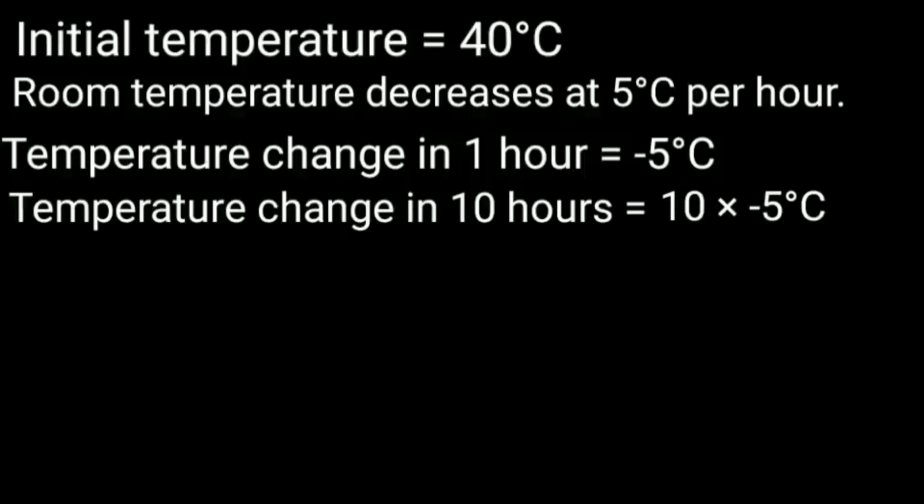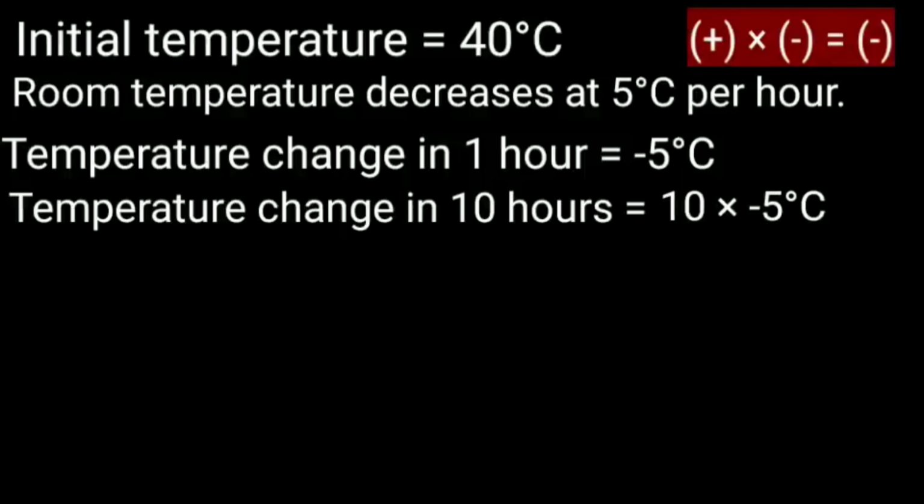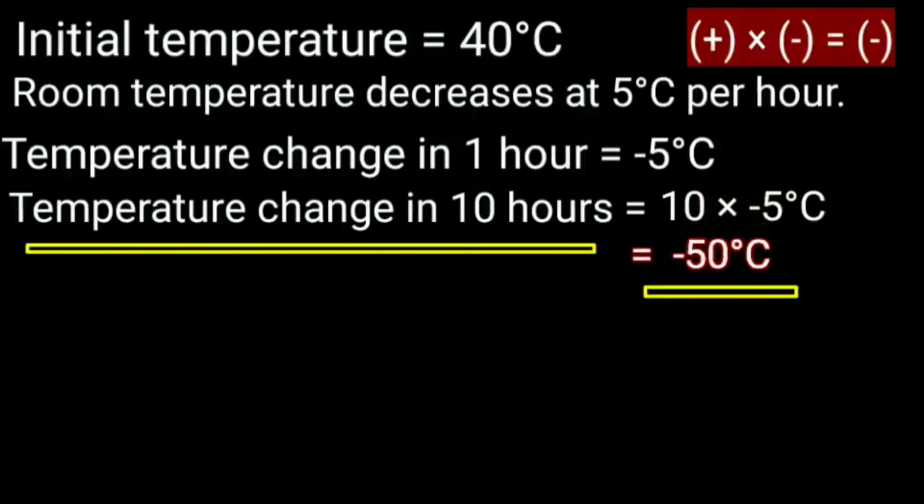According to the rule of the multiplication of integers, plus into minus is equal to minus. So, 10 into minus 5 degrees Celsius is equal to minus 50 degrees Celsius. Therefore, temperature change in 10 hours is equal to minus 50 degrees Celsius.